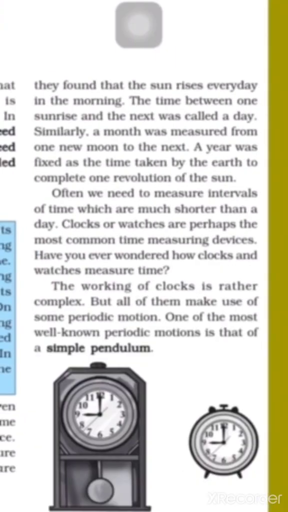Measurement of time. If you do not have a clock, how would you decide the time of the day? Have you ever wondered how our elders could tell the approximate time of the day by just looking at the shadow?